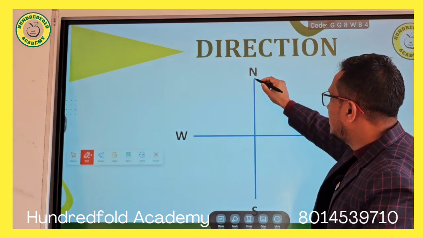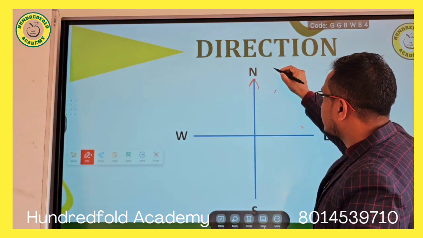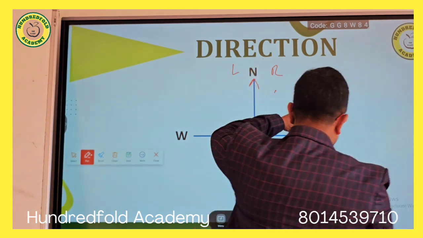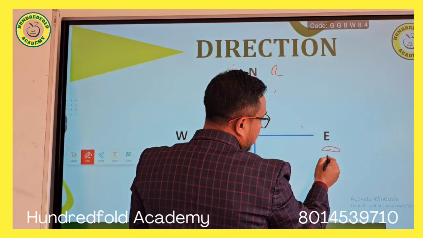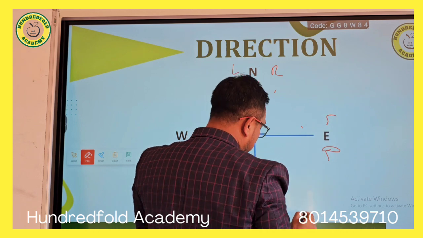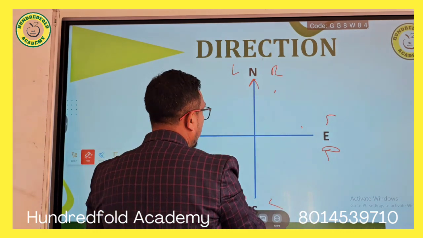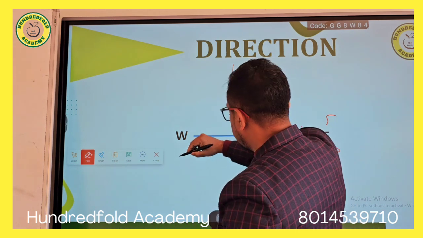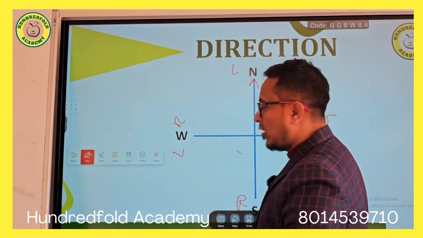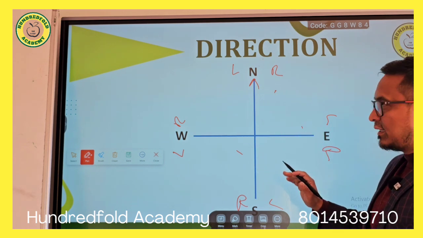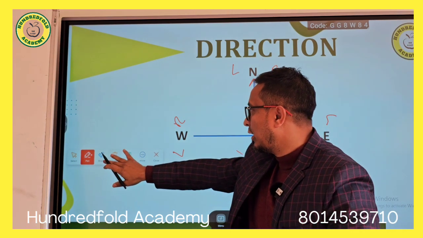If the person is moving north, then this is right, this is left. If the person is moving east, then this is right, this is left. South would be just the opposite and west will be just the opposite. So this is what you will have to remember, where this person is going.